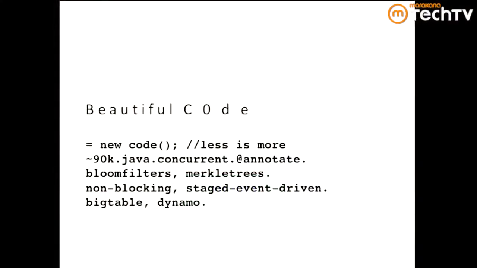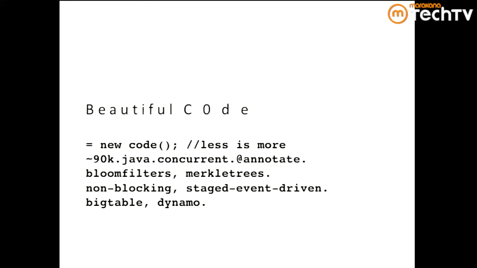Another big reason that attracts people to Cassandra is its beautiful code. It's new code, and it's actually a lot smaller than you think. When I started looking at it, it was about 75,000 lines, and the last 1.8 version is close to 90K as of last night. And it is Java, so most people from Java land will be able to look at every piece of it.